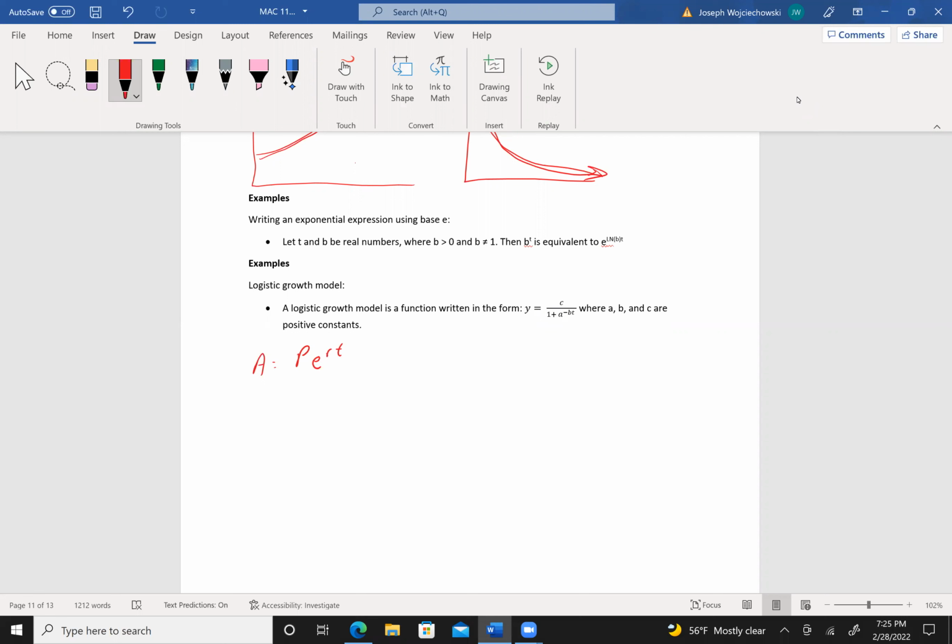Now suppose that $10,000 is invested. So that means our P, our principal, is $10,000. And at the end of a 5-year period, so t is 5, the value of the account is $13,771.28.